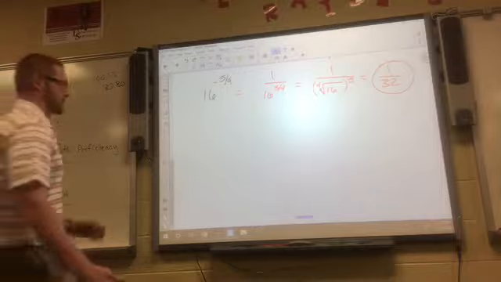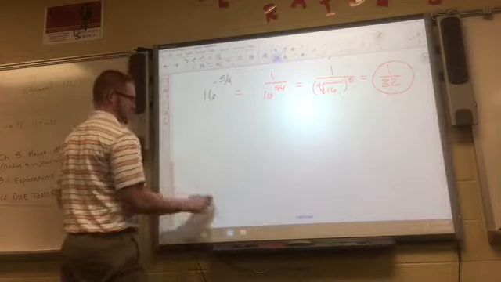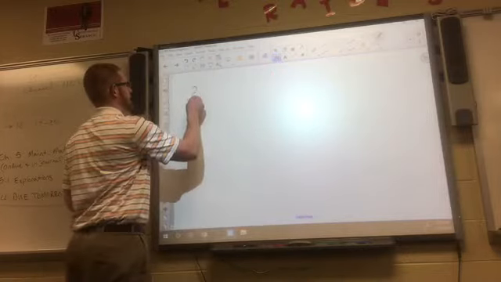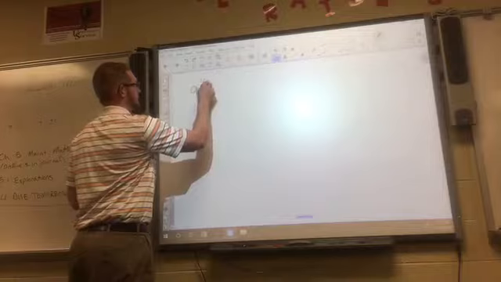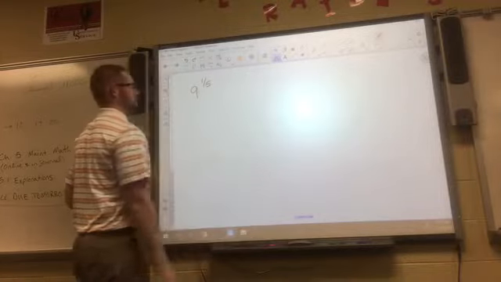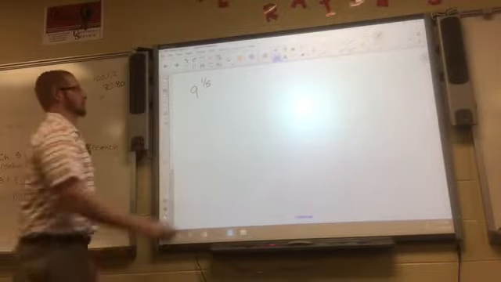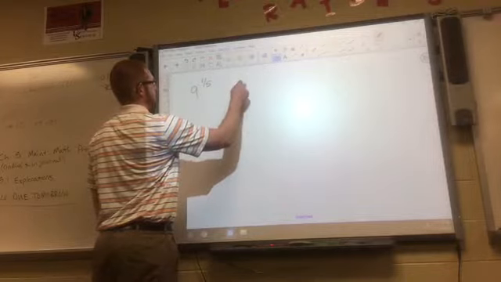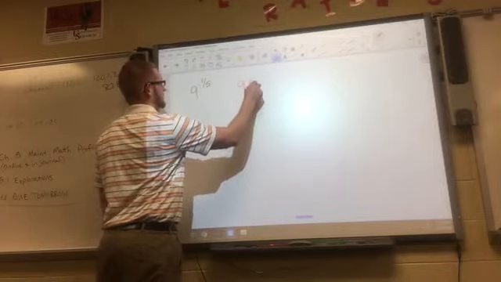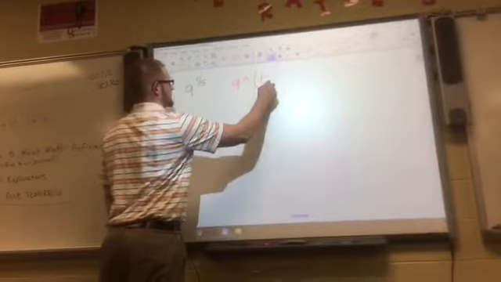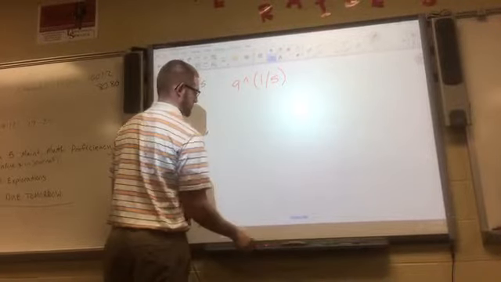Okay, so the first one, and this one shouldn't be too difficult. 9 to the 1/5 power. Now you might have to be careful. When I type this in, I would type it in as 9 caret parenthesis 1 divided by 5, close my parenthesis.